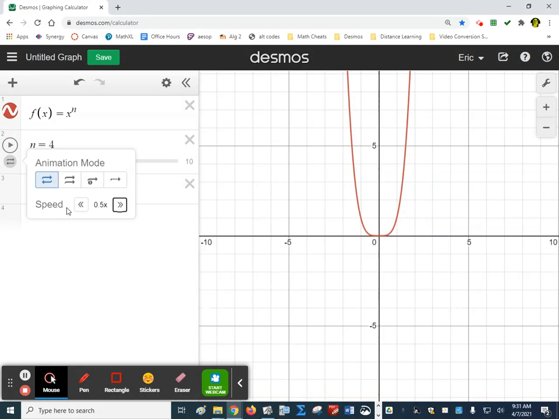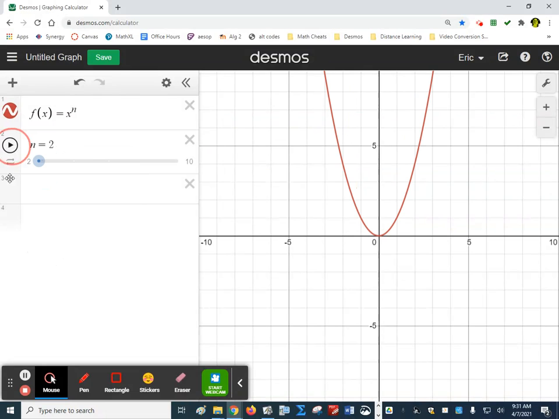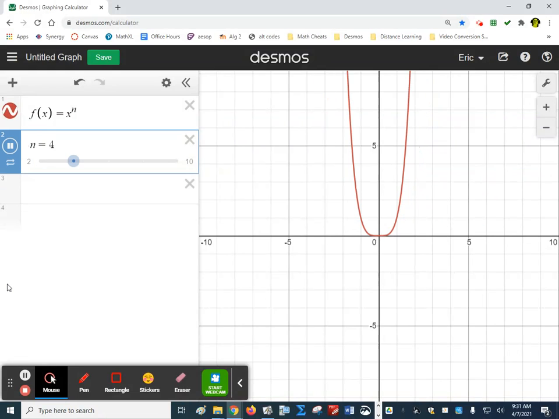Oops, there we go. Watch what happens to this as we go up by 2s. Look what it does.